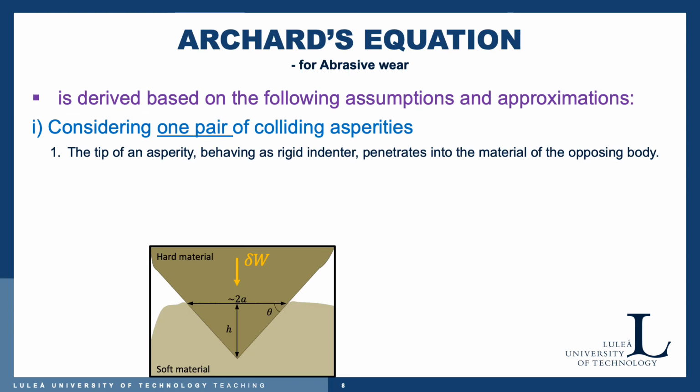So let's now derive an Archard equation for abrasive wear, and we start by considering one pair of colliding asperities. We let the tip of one asperity sink into the softer material, and under a certain load delta V it will sink in the distance h, and we now define the width of the cone at h as 2a.